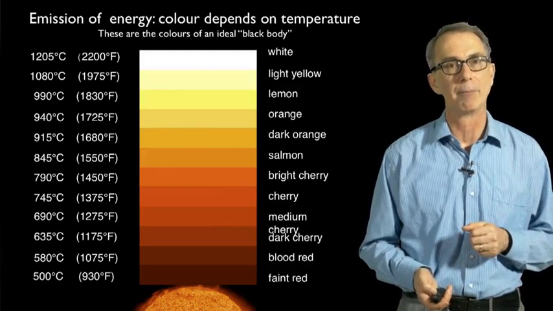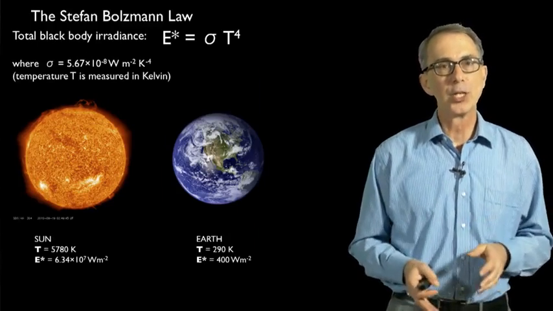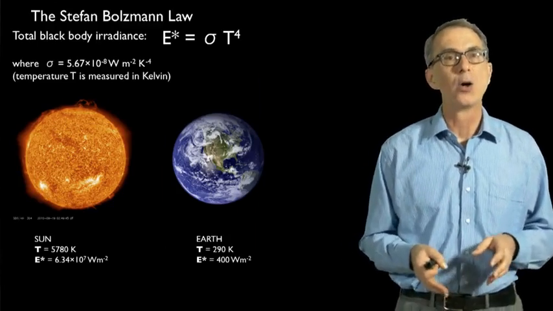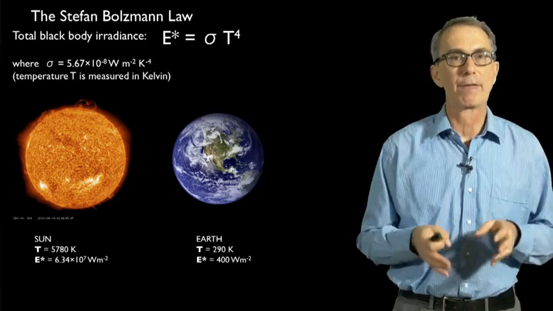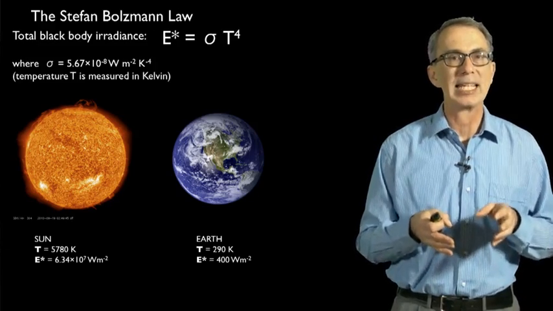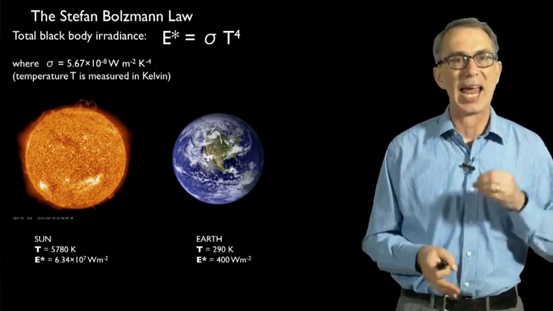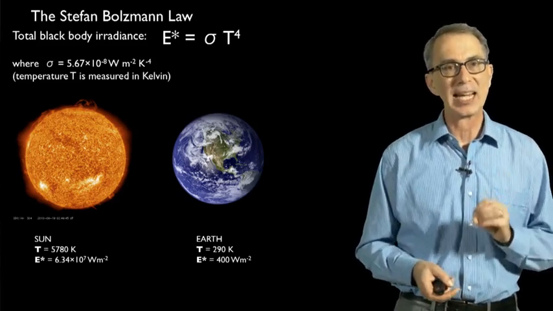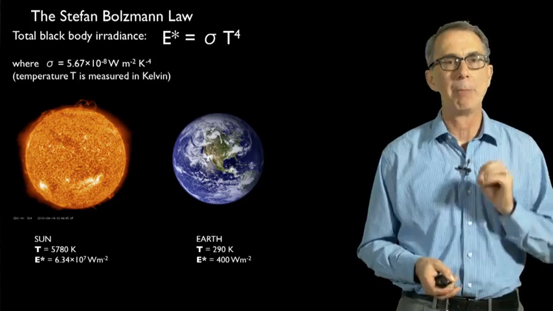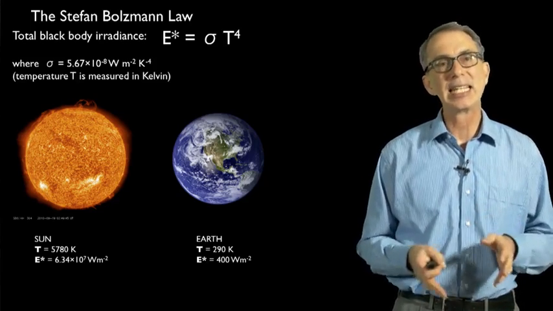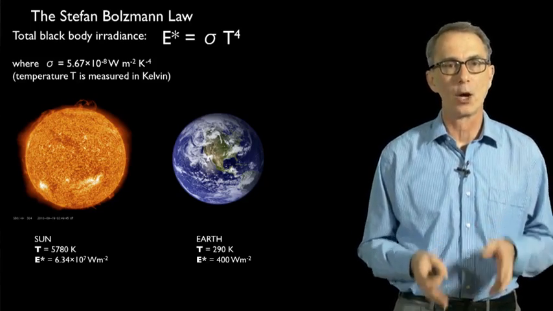We can't see them. So now what we're going to do is look at the amount of energy in the light from the sun, and its wavelength. The sun has a very high emission temperature, nearly 6,000 degrees Kelvin.